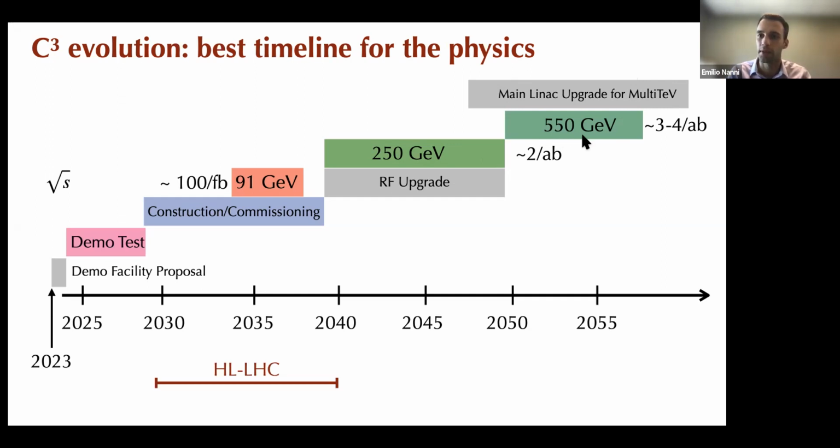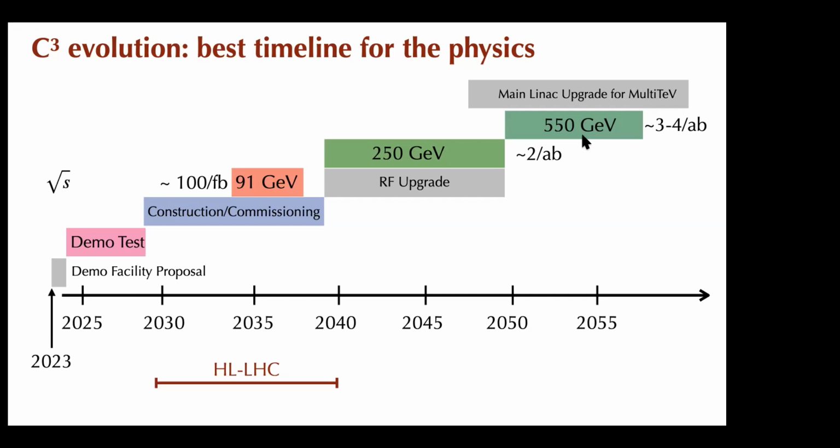The question is just how much RF power you install during the initial construction phase, and that, at the end of the day, comes down to money and how big an investment you'd make in the industrial facilities needed for it. If you needed to go beyond the range of 500 to 600 GeV, you would need to increase the main LINAC length, so you'd have to add additional tunnel.